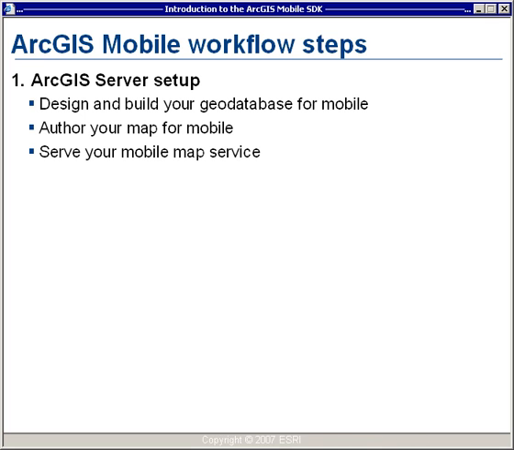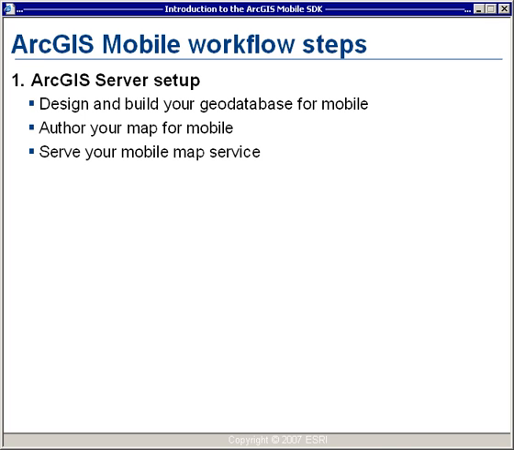We might want to replicate or ETL some data from existing enterprise databases or servers, because we might have a field team or a mobile team within our organization that is responsible for collecting data for all aspects or all groups within the enterprise. We also need to author a map.